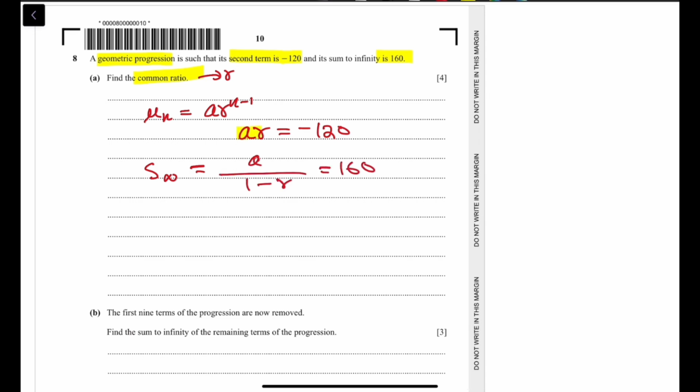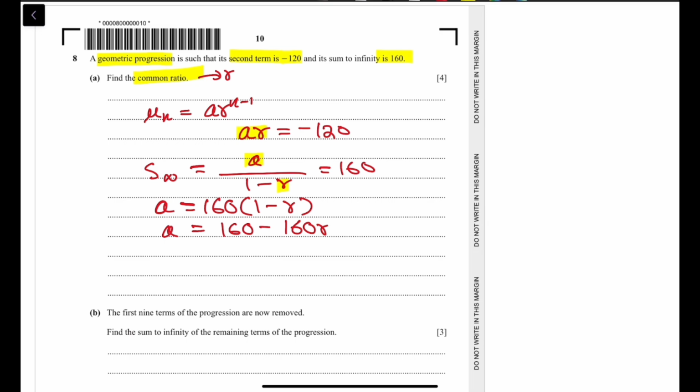Now we have two equations with both a and r in them. So if we just sort of mess around, we can find our a and r. So for the second equation, a equals 160 times 1 minus r. A equals 160 minus 160r.